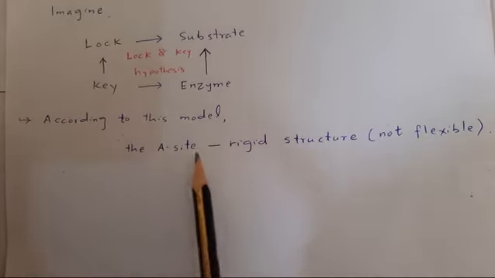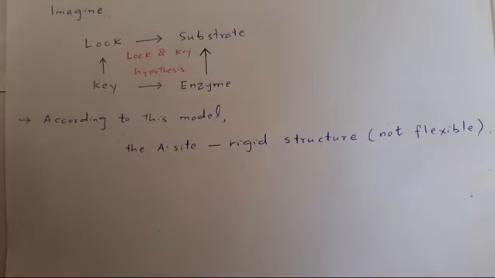According to this model, the active site is a rigid structure that is not flexible, which means the active site does not modify or change during the reaction process. However, later studies or research did not support this hypothesis in all types of reactions, and therefore this hypothesis was modified into induced fit model or hypothesis.